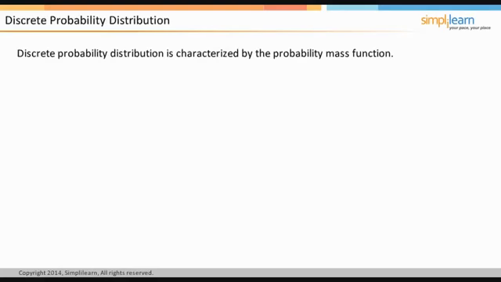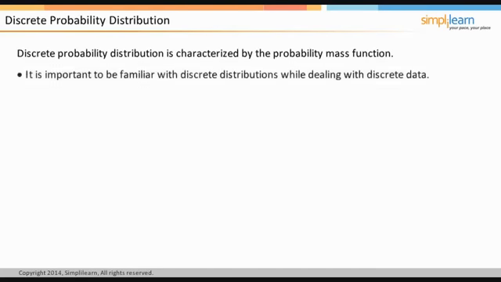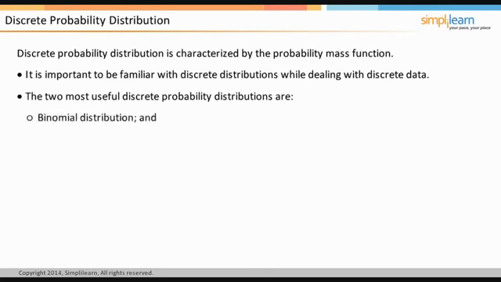Discrete probability distribution is characterized by the probability mass function. It is important to be familiar with discrete distributions while dealing with discrete data. Some of the examples of discrete probability distribution are binomial distribution, Poisson distribution, negative binomial distribution, geometric distribution, and hypergeometric distribution.